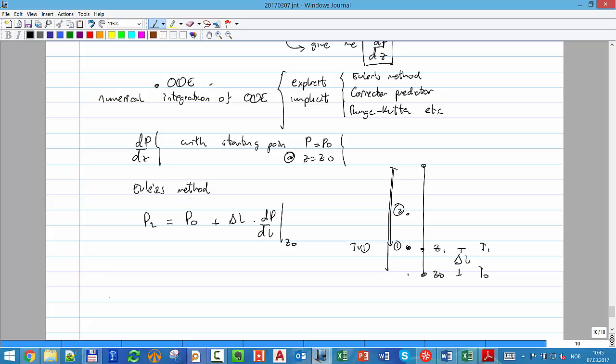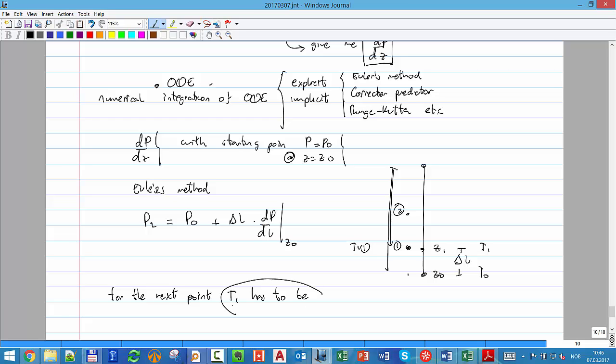So for the next point, temperature 1 has to be... you have to have temperature 1 from someplace, okay?